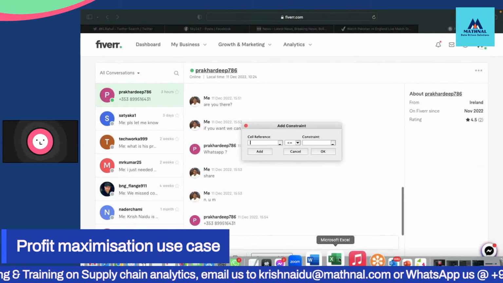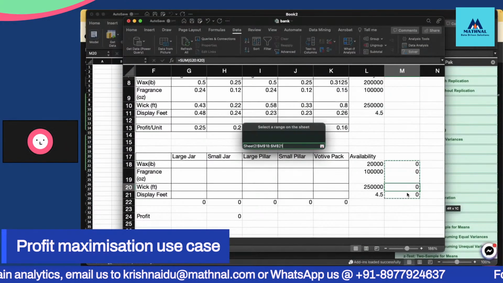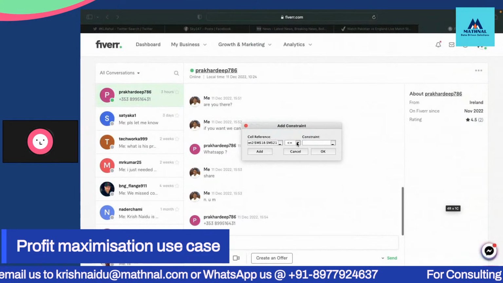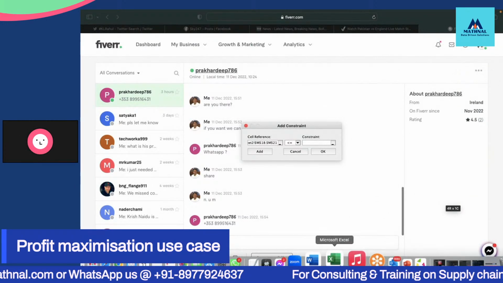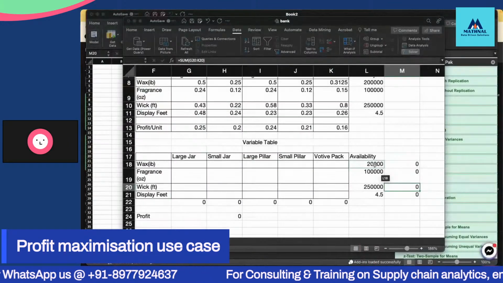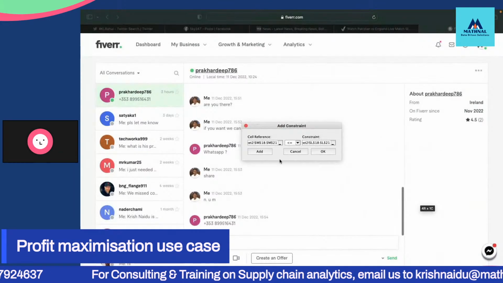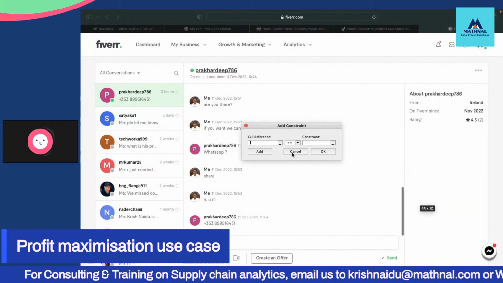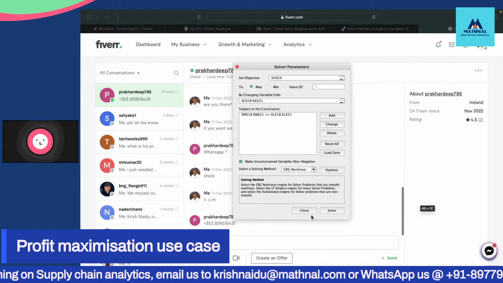The first constraint is this should be equal to this. Right. So let's try to solve the problem.